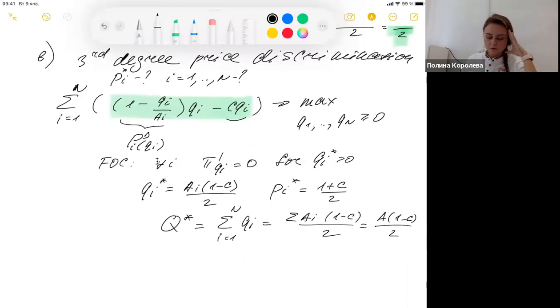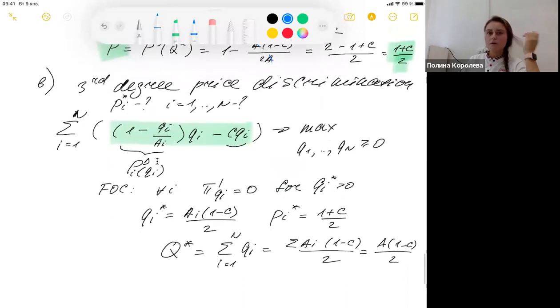So what conclusion do we make? We conclude that when we had the opportunity to charge only a uniform price, and when we have the opportunity to charge different prices, to use third degree price discrimination, we have the same price in the market and the same quantity we sell.